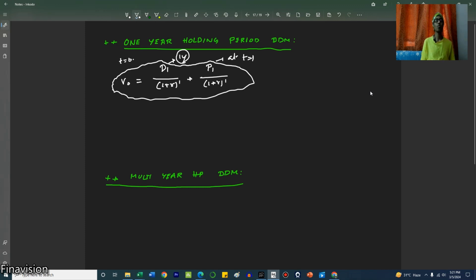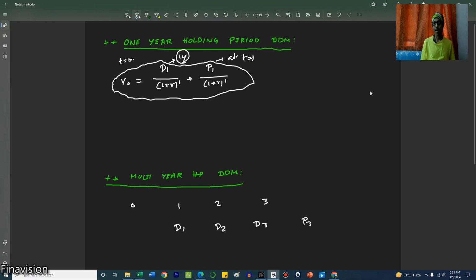Similarly, if you are going to hold it for multiple years, then it becomes different. Let's say you are going to hold it for 3 years. So at t equal to 3, the price will become P3, and you are going to earn a dividend of D3. At t equal to 2, let's say it is D2. At t equal to 1, let's say it is D1.